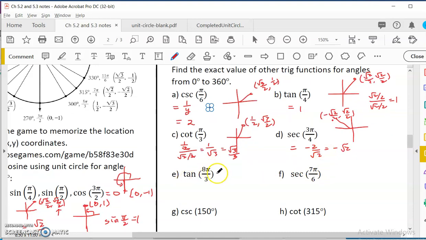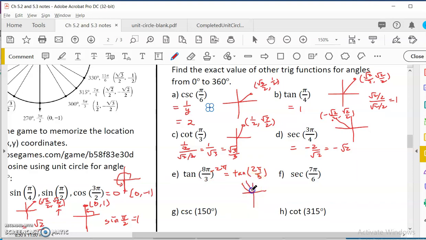Tangent of 8 pi over 3. This is not in the unit circle. So I'm going to minus 2 pi from it. So the coterminal angle is, 8 pi over 3 minus 6 pi over 3, so 2 pi over 3. So although my input is this, because they're coterminal, they have the same terminal side, I would just use 2 pi over 3. 2 pi over 3 in the unit circle is this one, right?